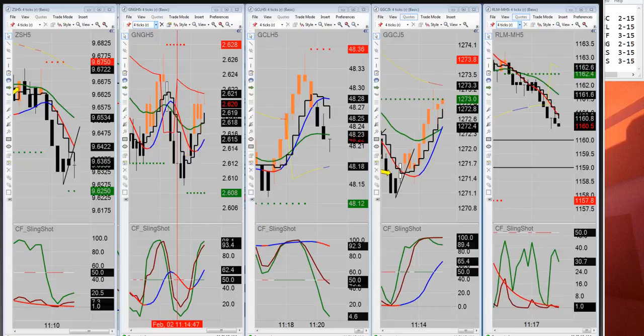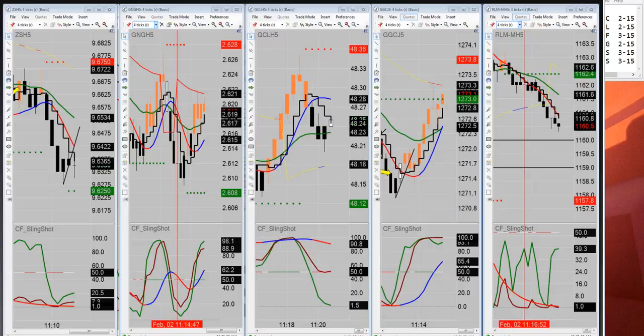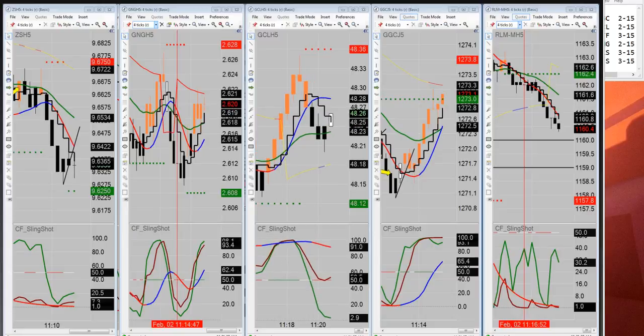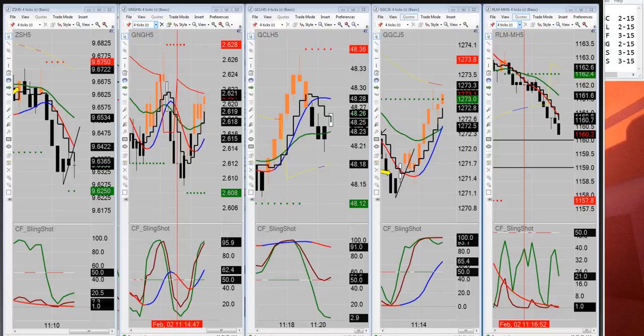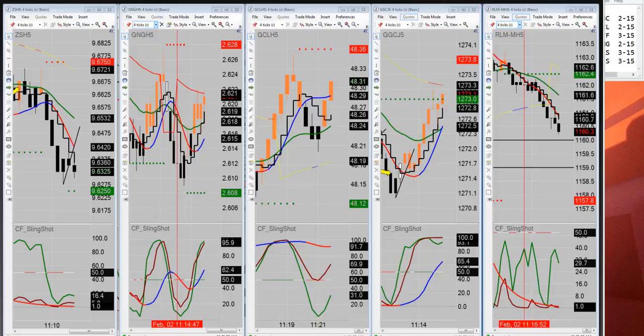And there's another 8. And there's another 8. And another stop out, another break even, another 8. Break even, stop out, 8. And then we make a move on the short side and we get 8.